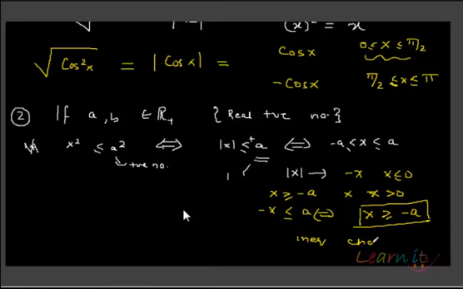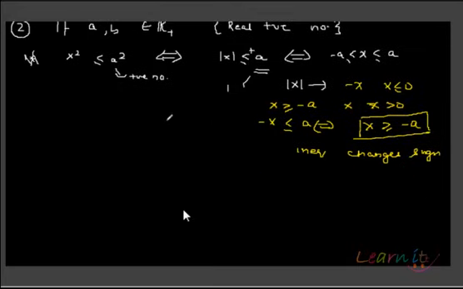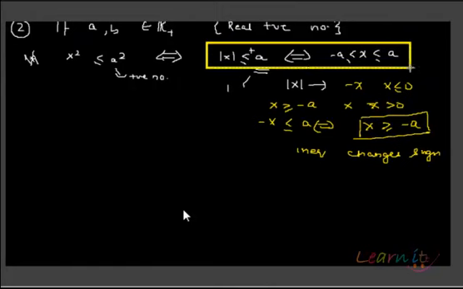Plus x is less than or equal to a, and minus x is less than or equal to a. The inequality sign changes, because minus x less than or equal to a is the same as saying x is greater than or equal to minus a. Hence, putting it all together, x actually lies between minus a and a.